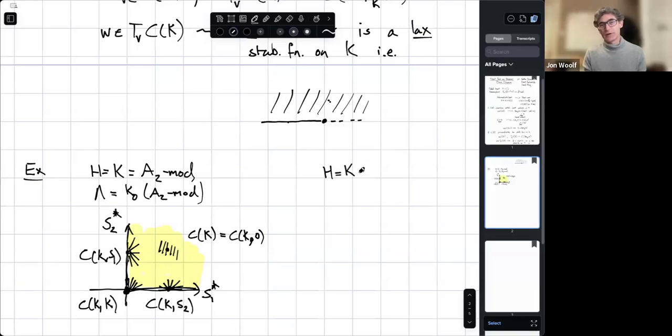Things look a little bit more peculiar if you don't take a module heart or a length heart, at least like this. So suppose I take coherent sheaves on P1. So now the classes I'm going to take as my basis for the Grothendieck group are the class of the structure sheaf and the class of some skyscraper.